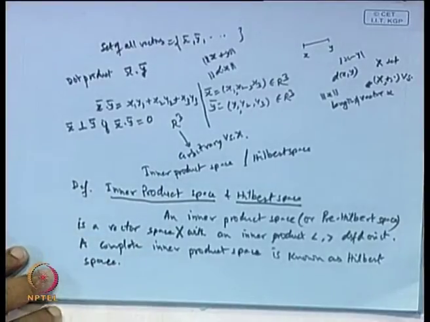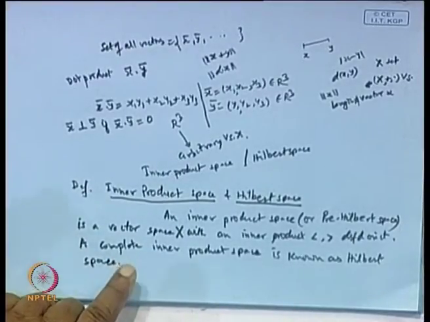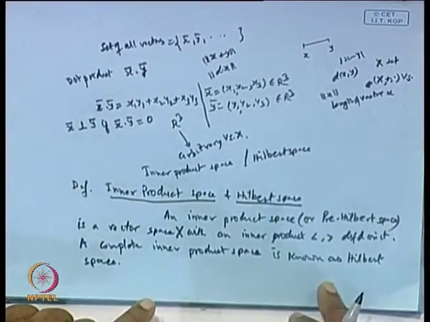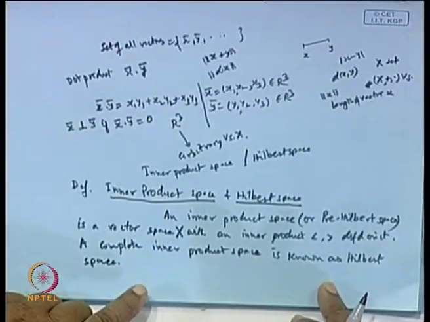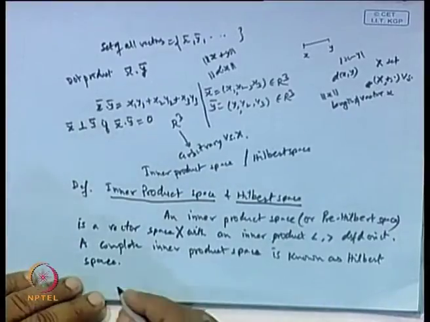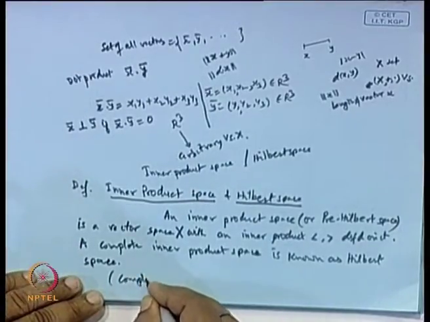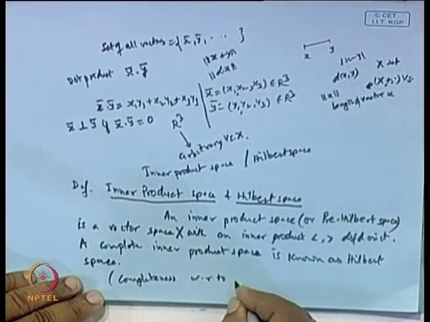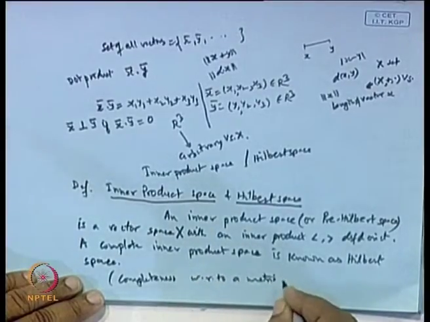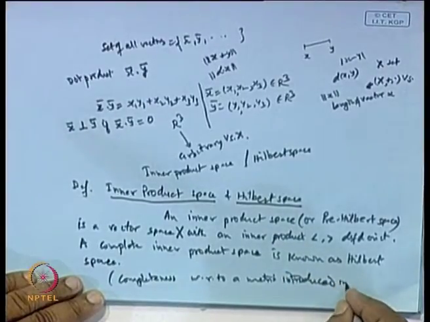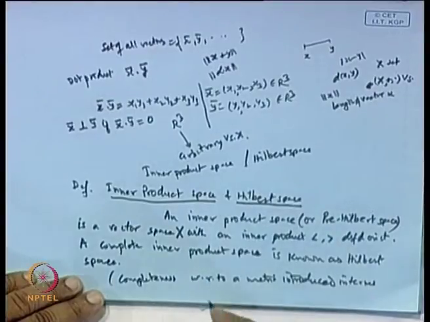Hilbert space. The completeness means that we should have a metric d in terms of the inner product, and under that metric a Cauchy sequence converges. So, completeness means completeness with respect to a metric introduced in terms of inner product.